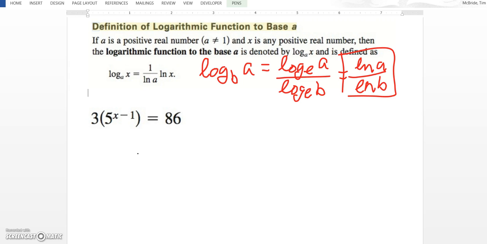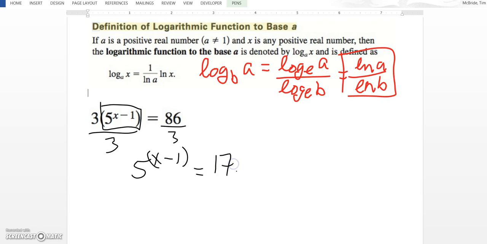So first of all, like the problems with the e base, we want to get the exponential part by itself first. So divide both sides by 3, and we have 5 to the x minus 1 equals 86 divided by 3, which is 17.2.